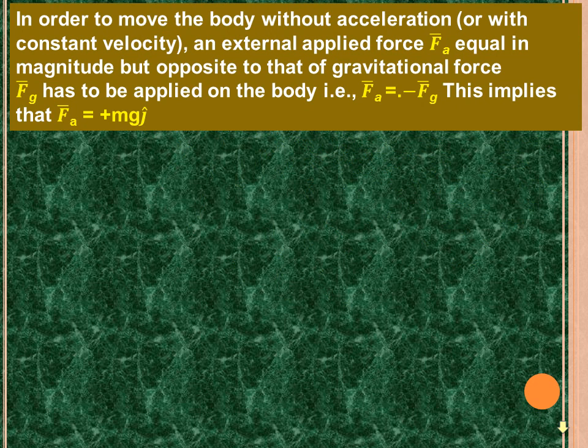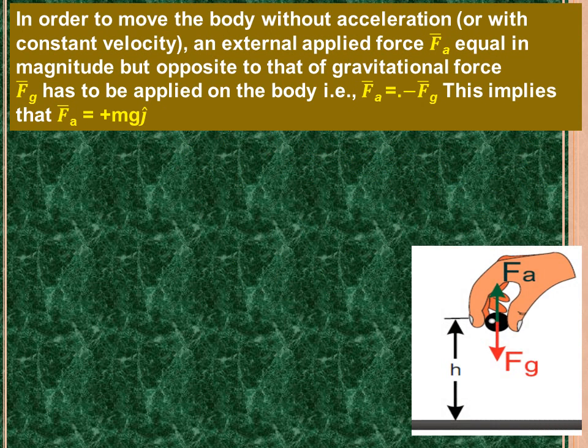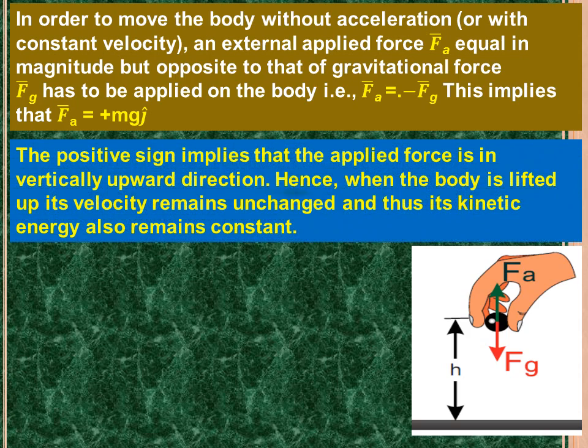Now, in order to move the body without acceleration, or with constant velocity, an external force is applied. That force is Fa. Here you can see the external force, which is equal in magnitude but opposite to the gravitational force.